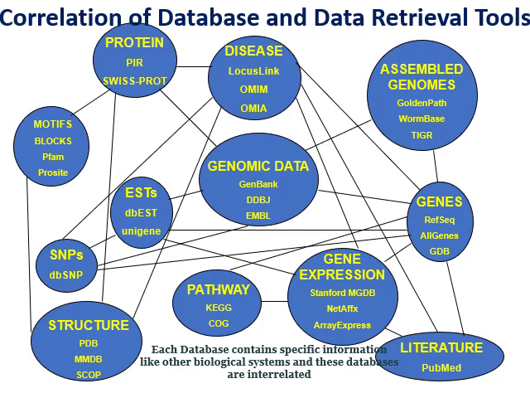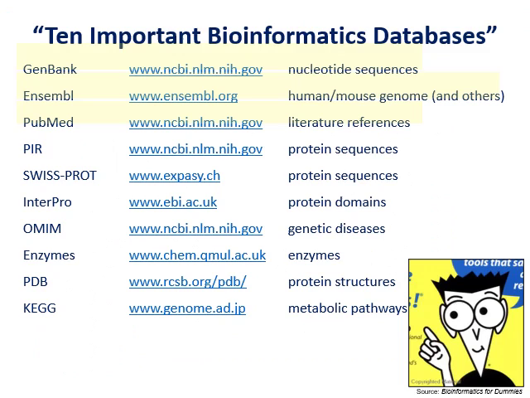Somehow you find a correlation between all databases, and that correlation is highlighted in the form of hyperlinks so that you can click and be redirected to the other cross-referenced database. So these are 10 important bioinformatics databases and their URL addresses: GenBank, Ensembl, PubMed, PIR, SwissProt, InterPro, OMIM, Enzymes, PDB, and KEGG.